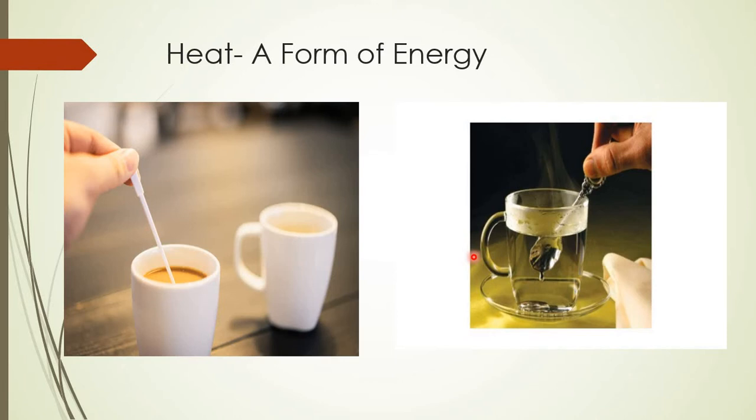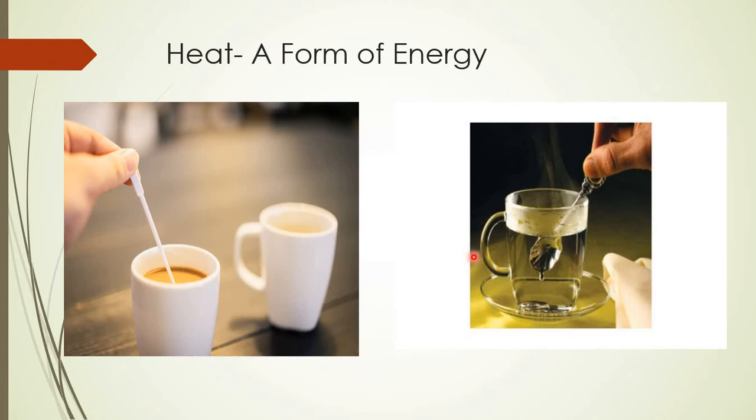Now one question arises here: why did the handle of the spoon become warm? Where does the heat come from in that spoon? Let us see the possible cause. When there is a difference in temperature between two bodies, a certain type of energy flows between them, and this energy is called heat energy.